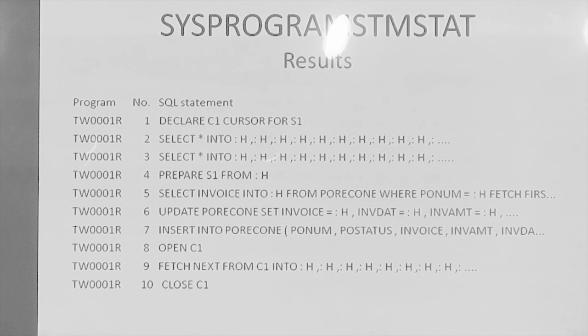It continued on for a long way, and then at the end it'll say from some library or some table, where whatever, if there is a where in there. And then statement 4 says prepare S1 from some host variable. You don't get the host variable name in here, but it gives you a lot.